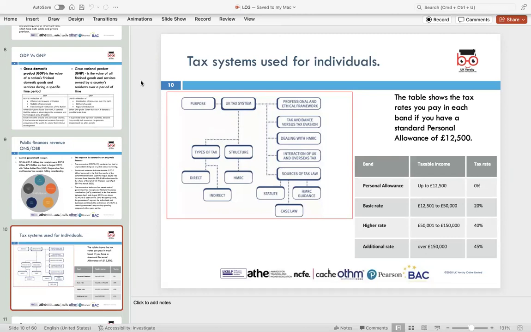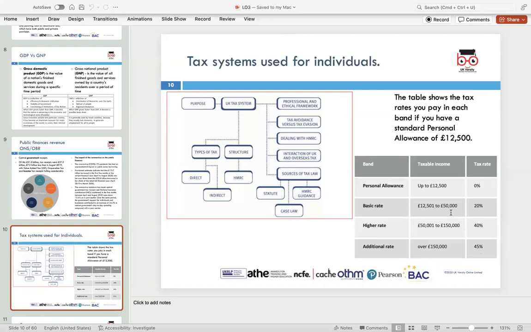Tax systems used for individuals: tax rates that apply to individuals who have a normal personal allowance of 12,500 are organized in bands. A tax rate of 0% is applied to incomes up to 12,500 that are covered by the personal allowance. The basic rate of 20% applies to incomes that fall between 12,500 and 50,000.